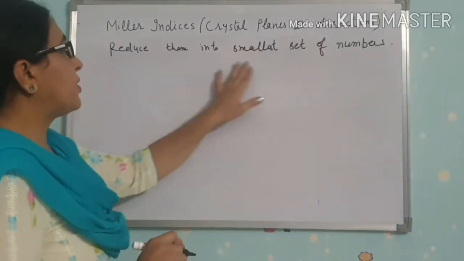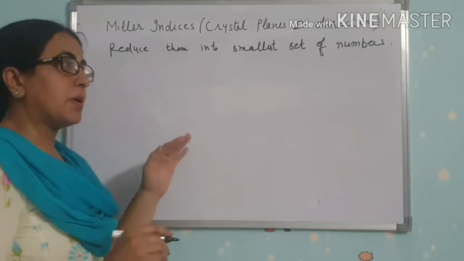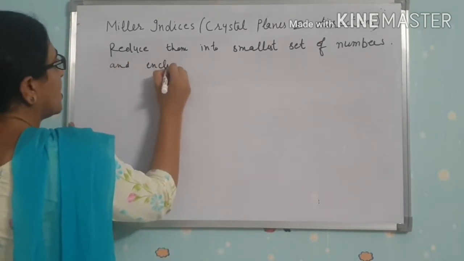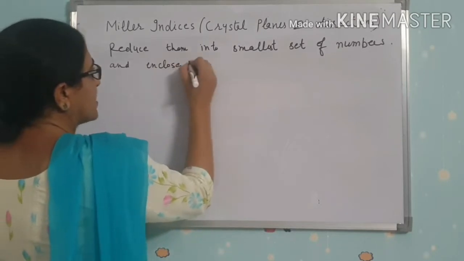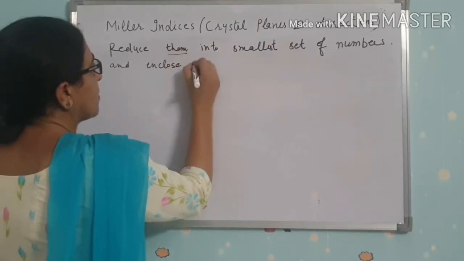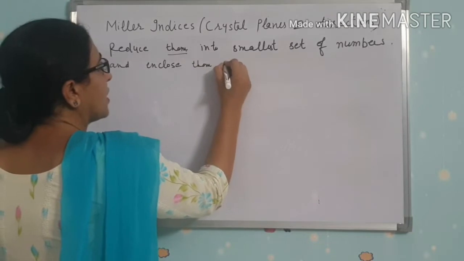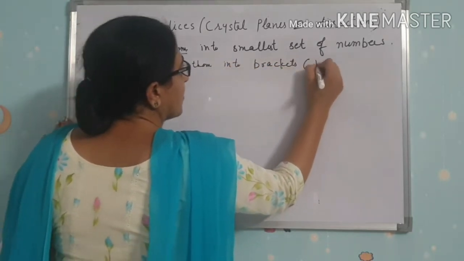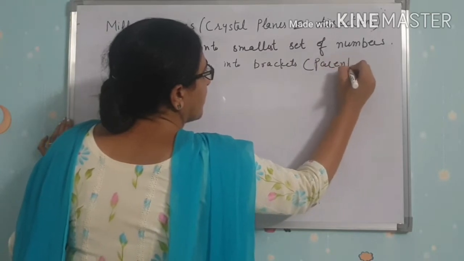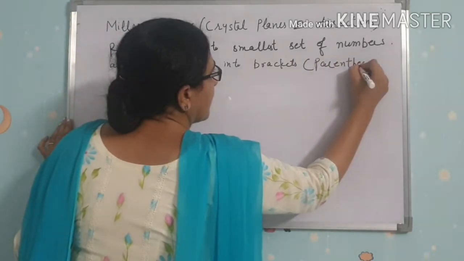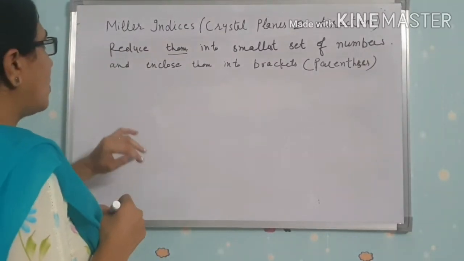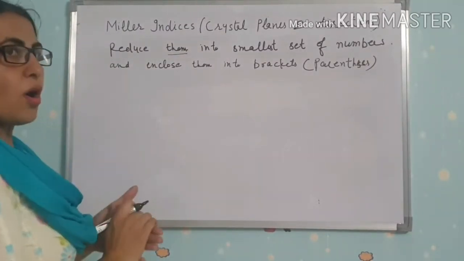So reduce them into a smallest set of numbers and enclose them in brackets, parentheses.